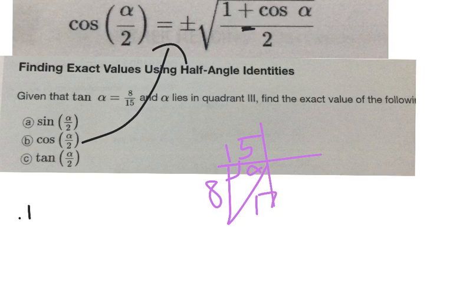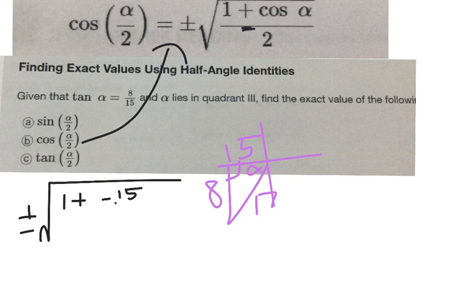So this would still be plus or minus the square root of 1 plus cosine of alpha. That would be negative 15 over 17. Are we okay with that? From the triangle?